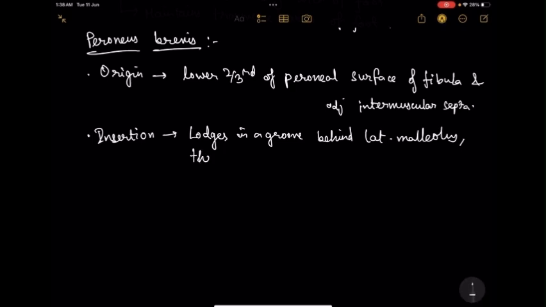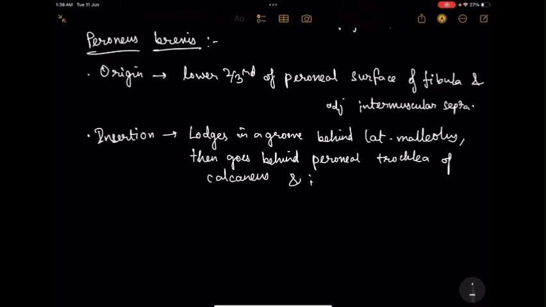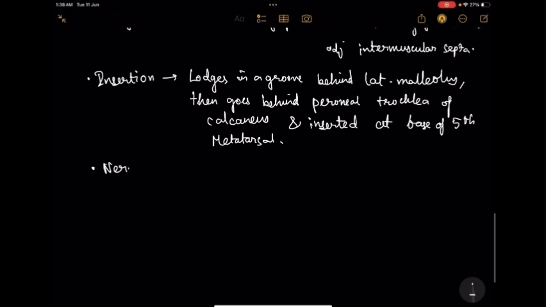Same thing. Of calcaneus, and finally inserted at the base of the fifth metatarsus. Finished. Nerve supply: superficial peroneal nerve.